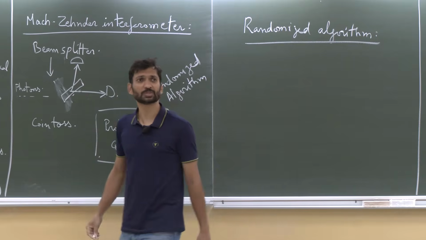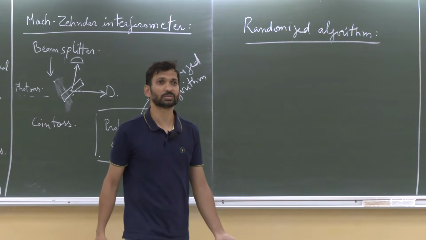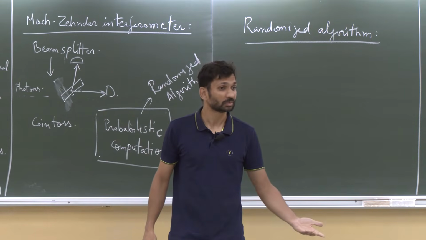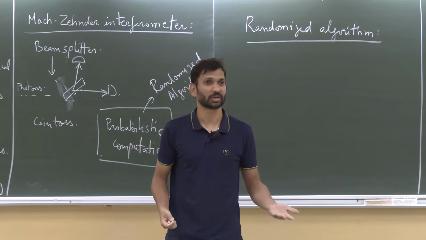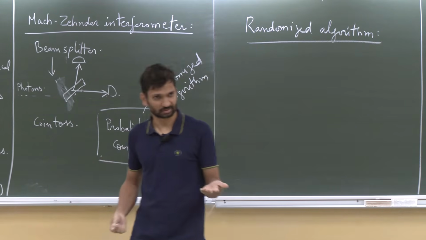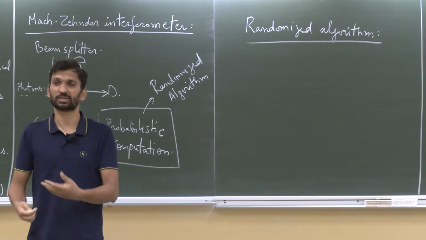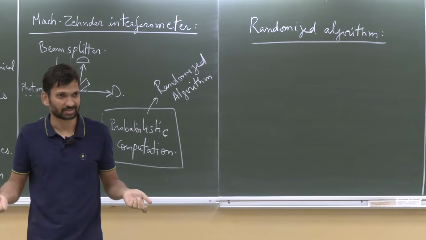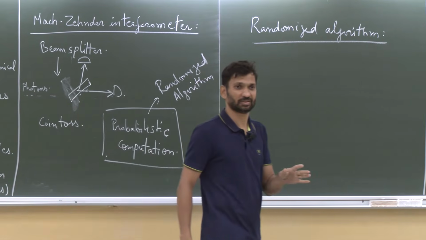So what kind of algorithms have you seen till now? Famous algorithms? Deterministic ones, Dijkstra's. What else? Binary search, quicksort, things like that, right? So there, what is your input? In the case of quicksort, it's a list. In the case of binary search, it's a list, but the input is fixed, right?